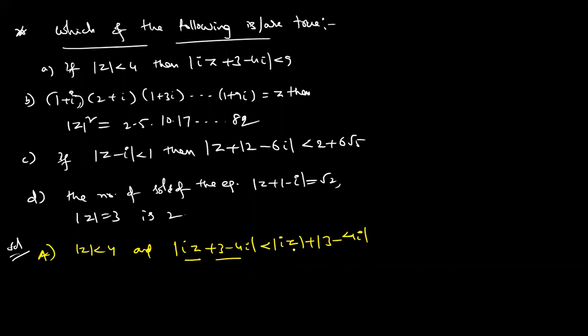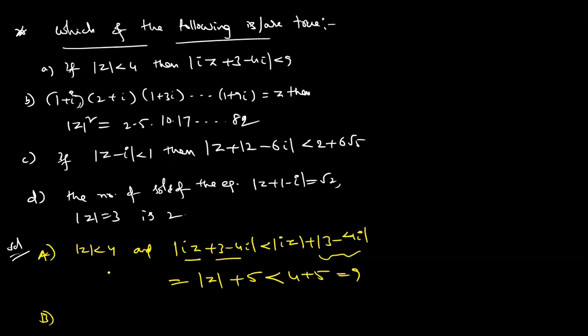What is the result? iz, I think it's very clear. iz means directly we can write mod z plus this value. How much is it? Root over a square plus b square, that is 5. This is less than mod z, which is 4. 4 plus 5 is equal to 9. And what can you say?